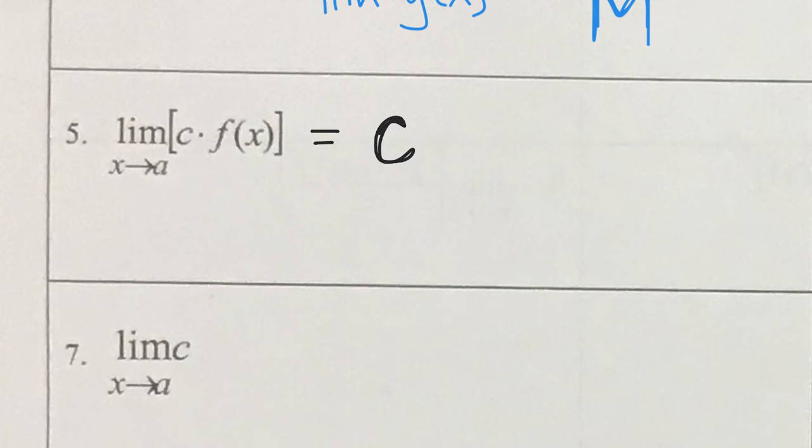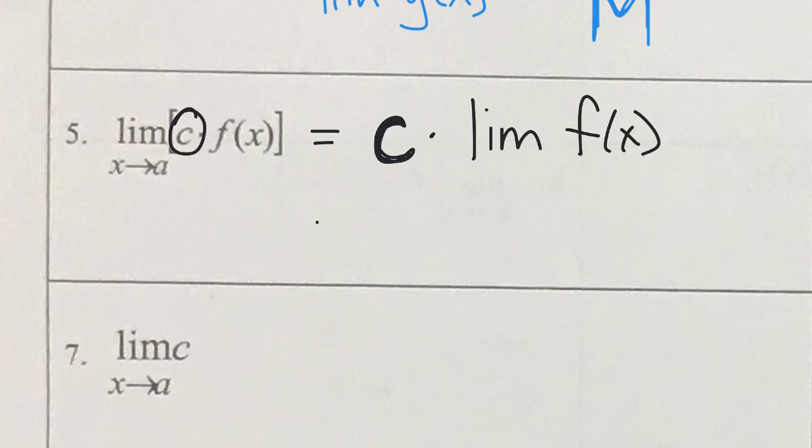So this is kind of what we were doing with the trig ones, right? We had a multiplier of a function, and we took that multiplier outside of our function, and at the end, multiplied the number times the limit of that function.